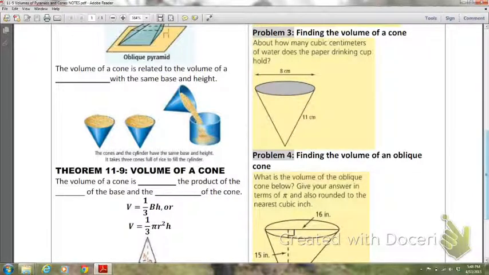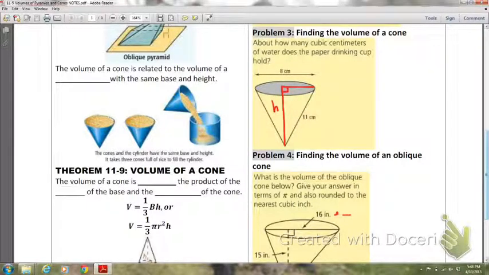In problem 3, we're finding the volume of a cone. This is about how many cubic centimeters of water the paper drinking cup holds. It gives you a diameter of 8 and a slant height of 11. So once again, we've got to find the actual height of that cone.